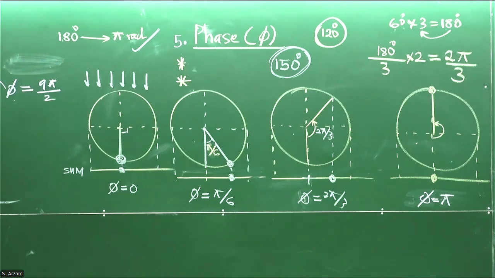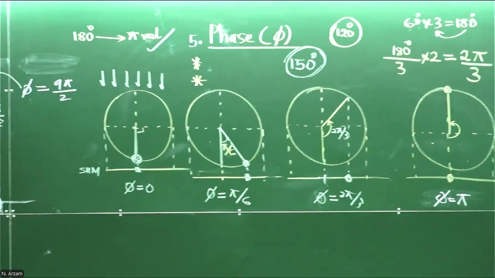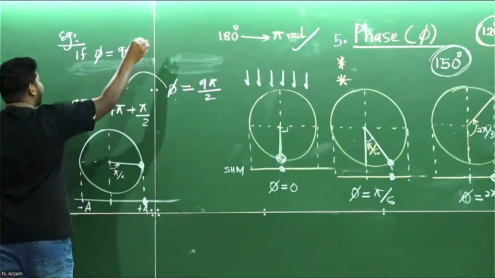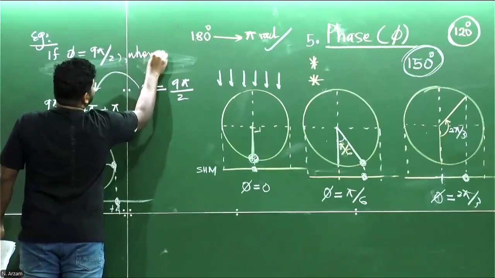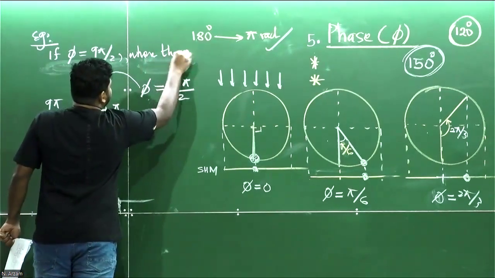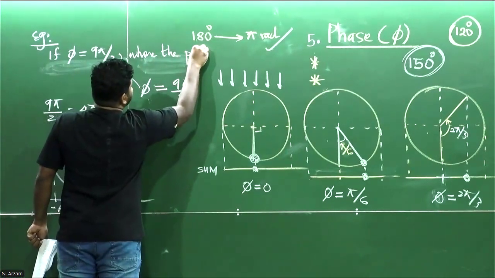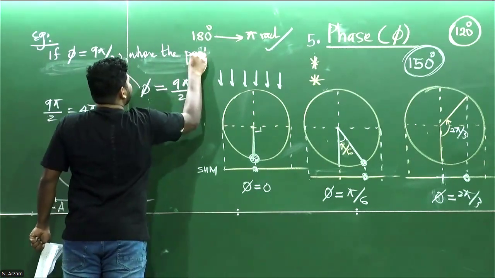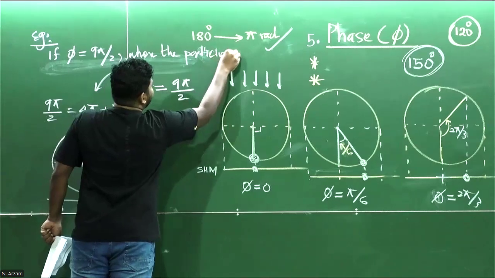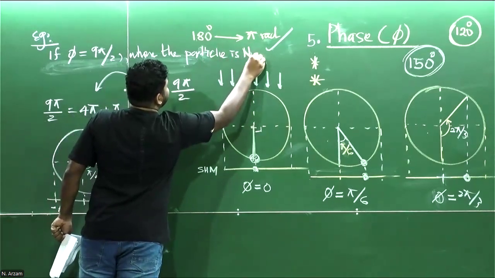This is an example. If phi is equal to 9 pi by 2, where the particle is now?